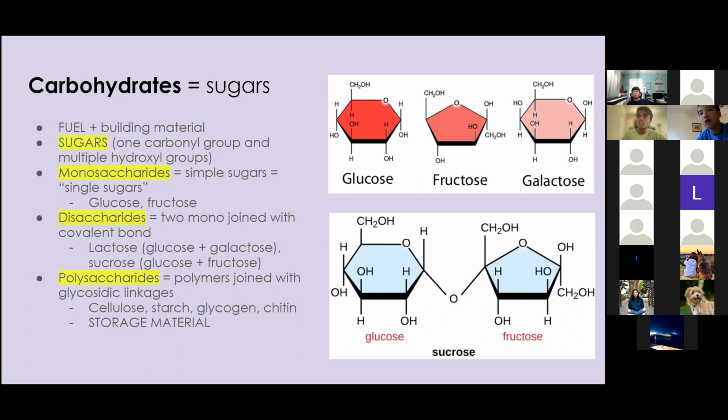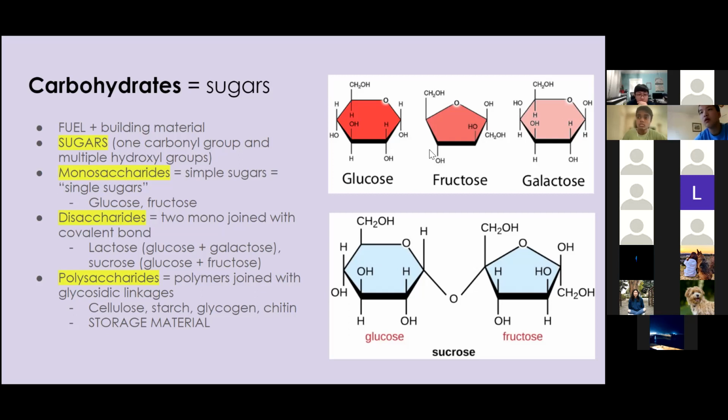So the defining features of sugars are that they have one carbonyl group and multiple hydroxyl groups. So as we can see in the picture to the right, we can see these OHs, which are basically the hydroxyl group, and those define the sugar.